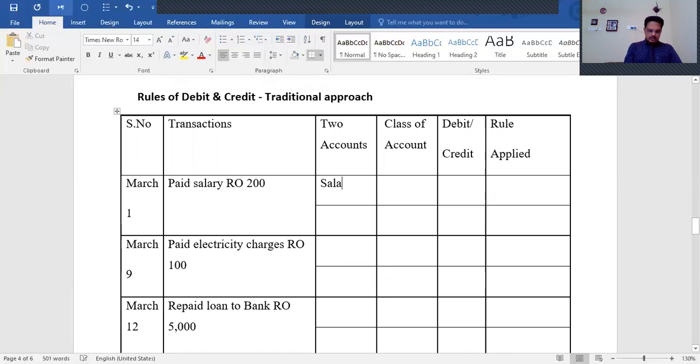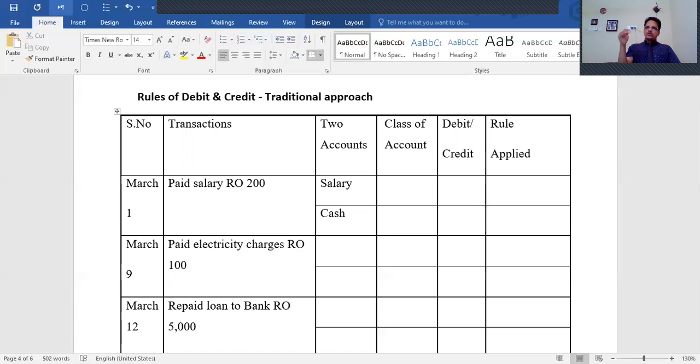So here the 2 accounts are salary and cash. But the interpretation will be different. Class of account will be different. For salary, you have to check whether it is personal, real or nominal. Once again I will repeat.